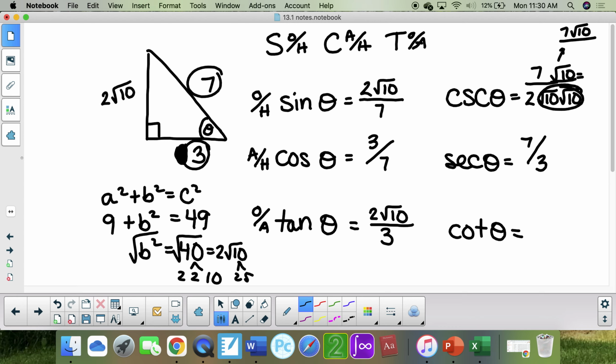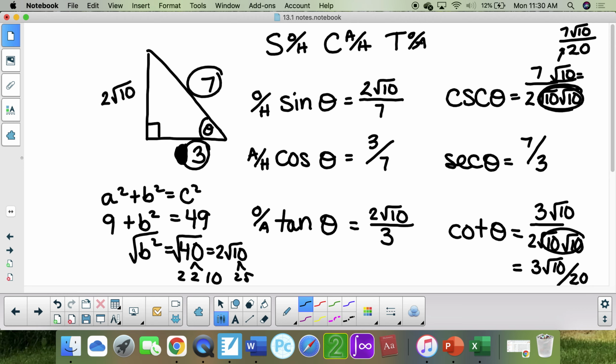This is going to end up being a 10 times 2, which ends up being 20 for your final answer. And when I flip this one, it's going to be 3 over 2 root 10, but you can't leave a radical in the denominator, so you have to multiply the top and the bottom by root 10. So you get 3 root 10 divided by 10 times 2, which is 20. You can't leave a radical in the denominator.